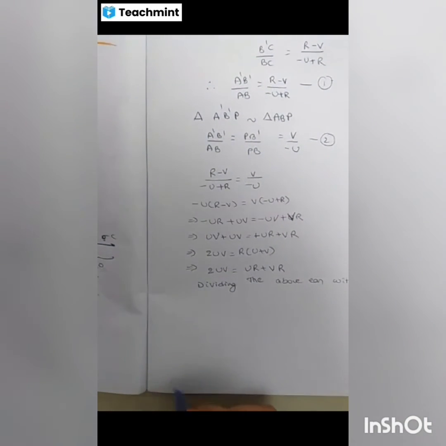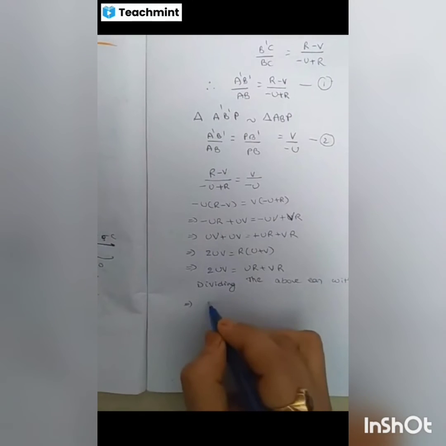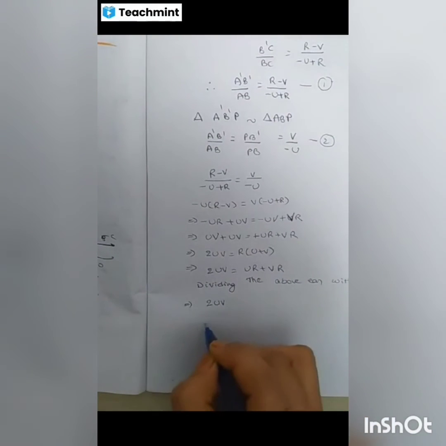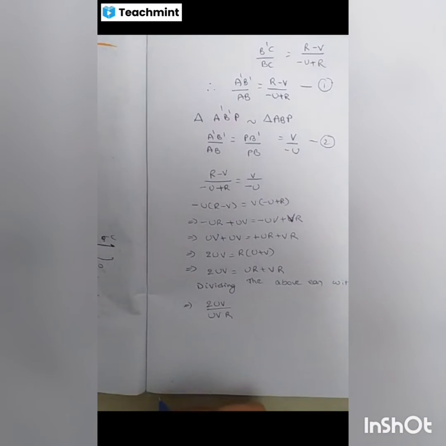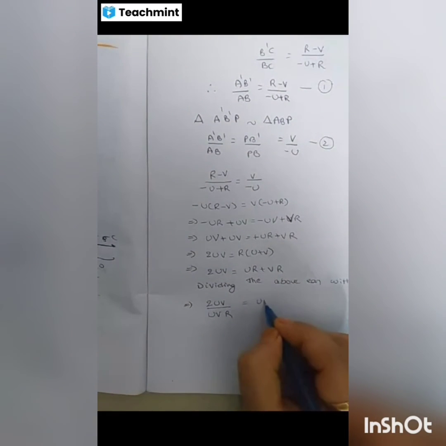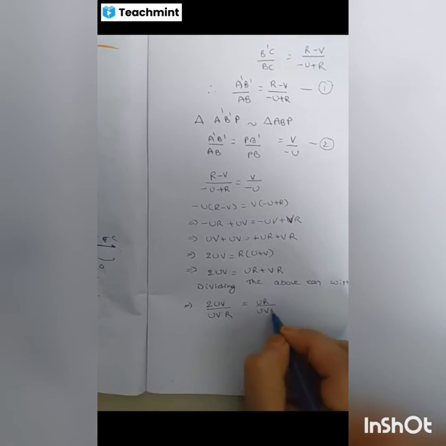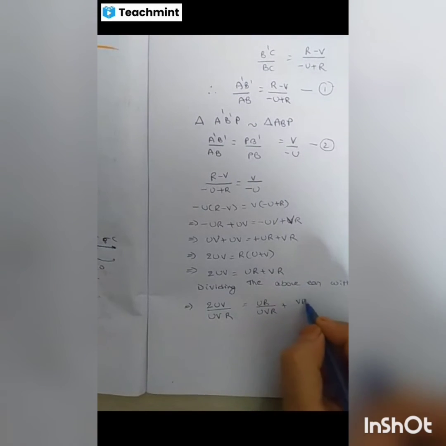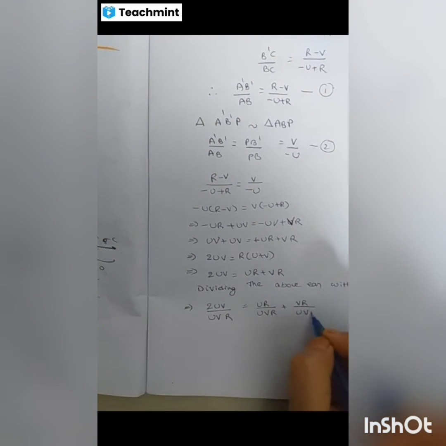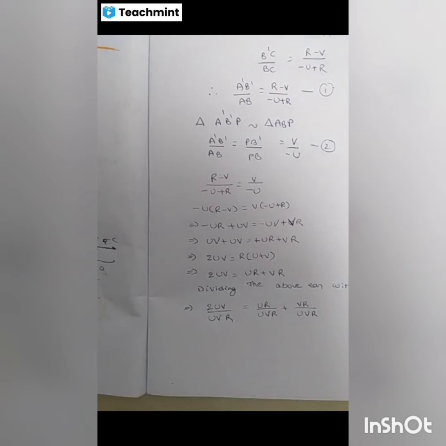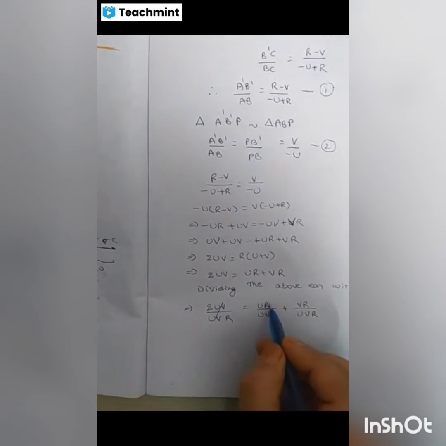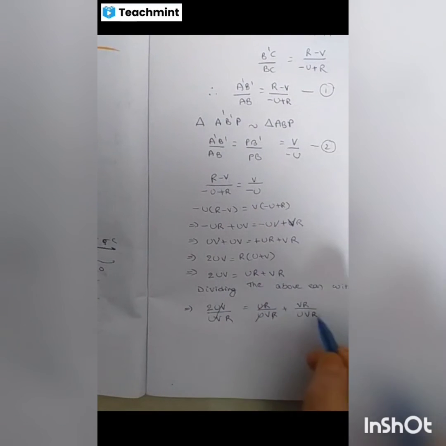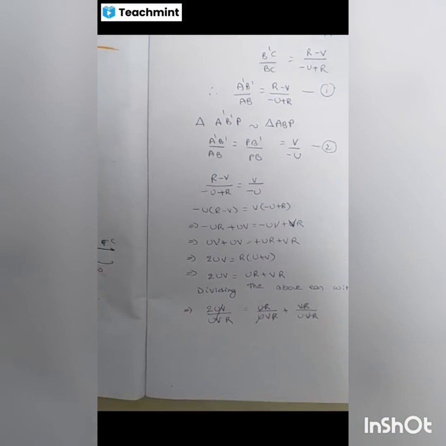If you divide the above equation with UVR, what we get? 2UV by UVR is equal to UR by UVR plus VR by UVR. Now UV gets cancelled, UR gets cancelled, VR gets cancelled.